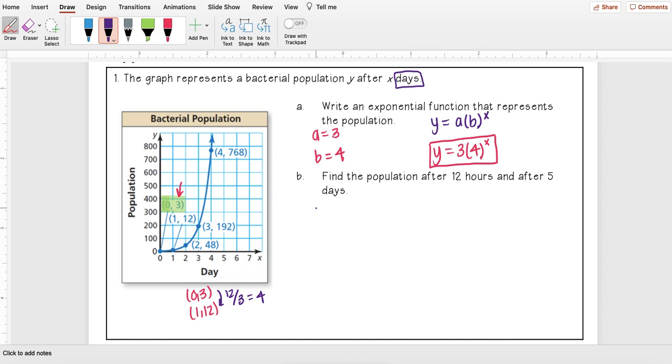There's 24 hours in a day, and 12 is half of that, so 12 hours equals 0.5 days. So I want to first plug in x equals 0.5 into my equation here. So 3 times 4 to the 0.5 power.